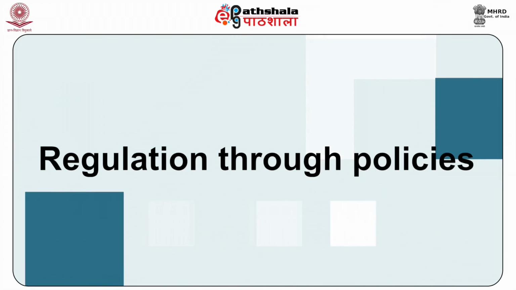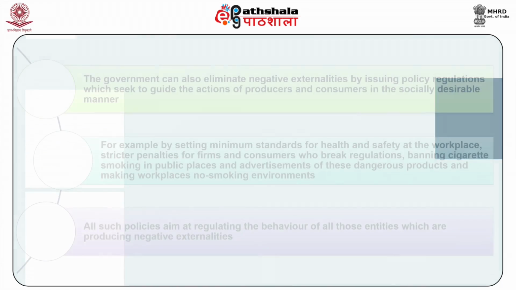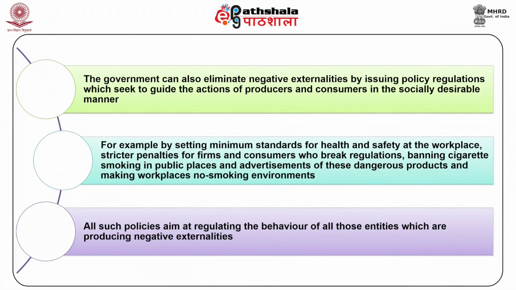Second, regulation through policies. The government can also eliminate negative externalities by issuing policy regulations which seek to guide the actions of producers and consumers in the socially desirable manner.